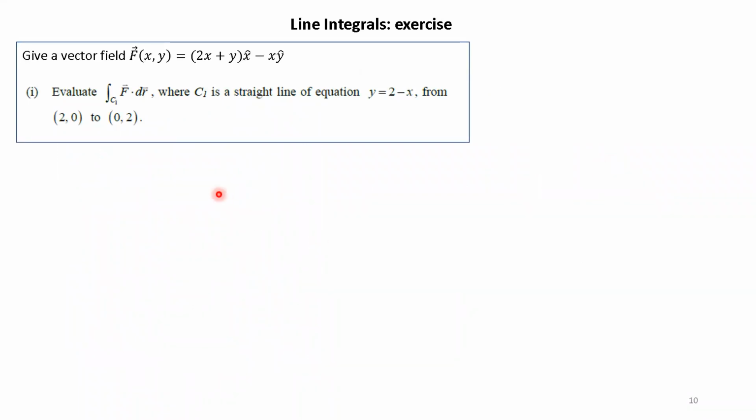Now this is a little bit more difficult example. What we have here again is this vector field. This vector field itself is not very difficult, but the line that I have does not just go along the x-axis or y-axis.